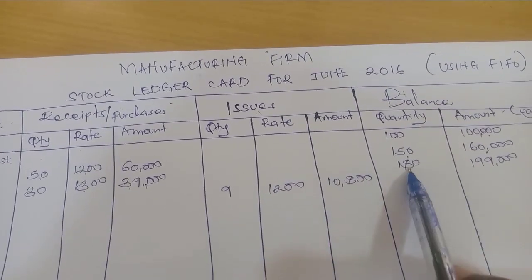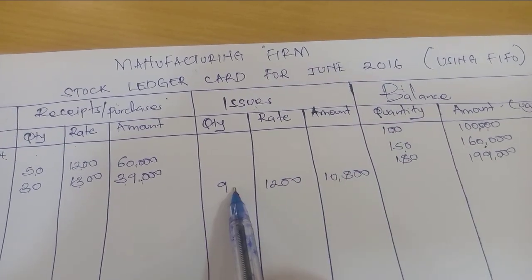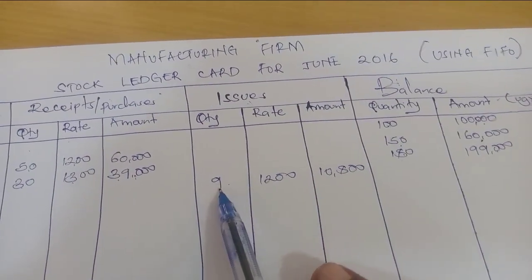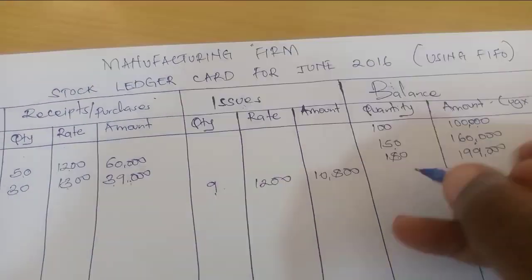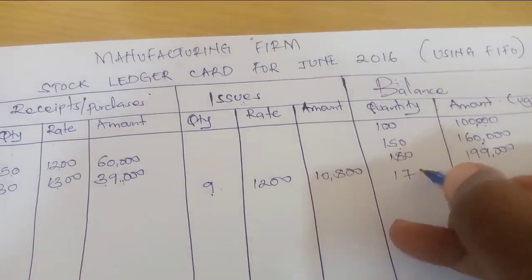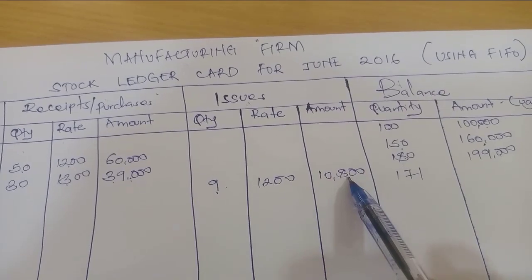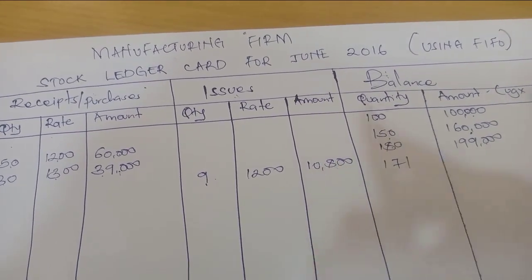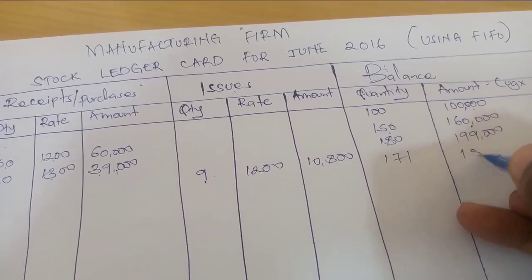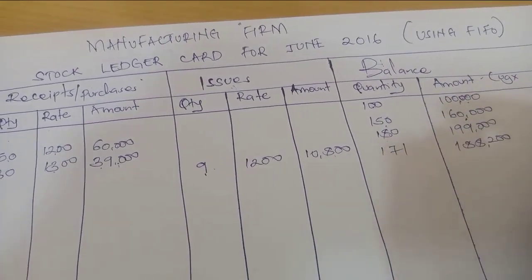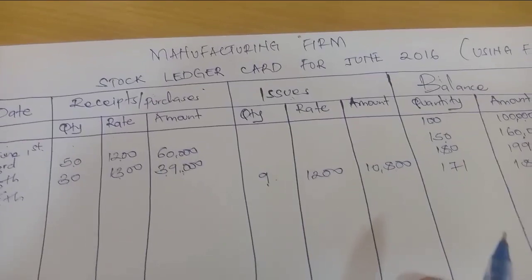Since it's an issue, it's going out, so it will be 171. Then for the amount, this minus this, so it's going to be 188,200. Then we continue.